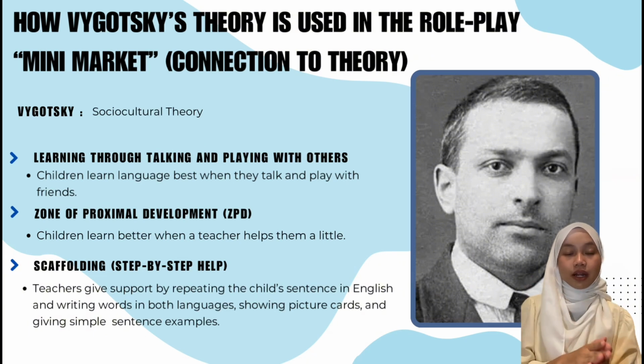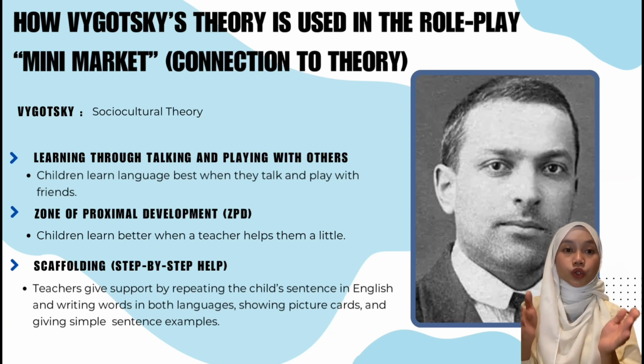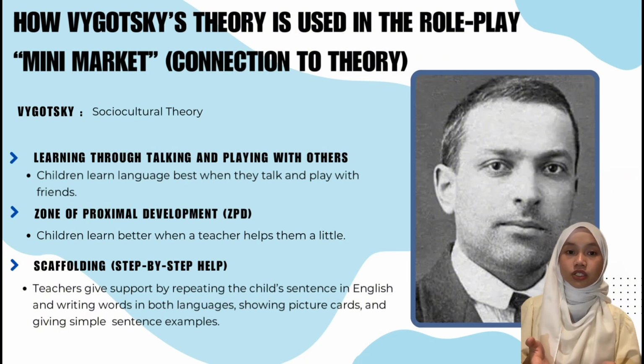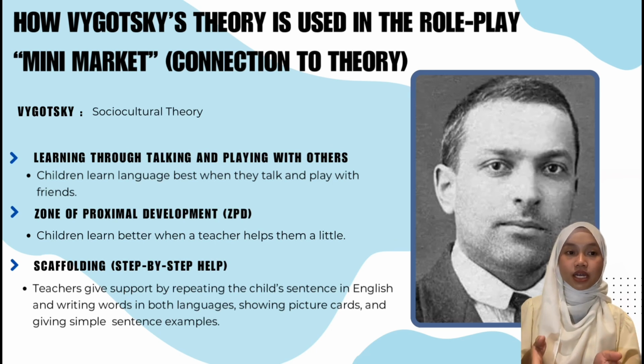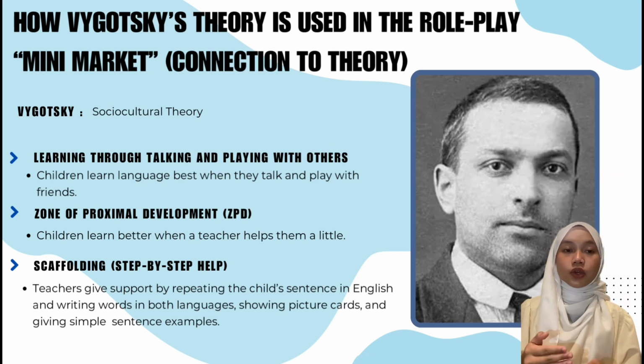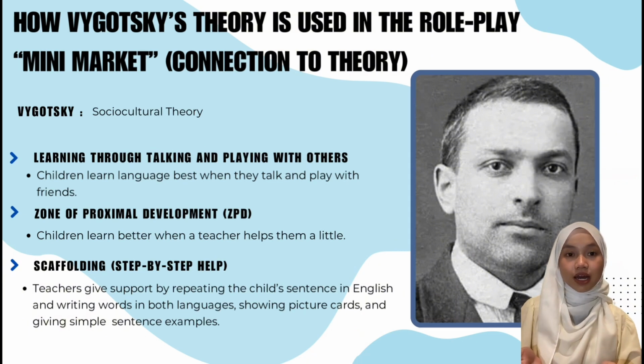In the mini market role play activity, one child becomes the seller and another becomes the buyer. And they use simple sentences like I want bananas, how much? And sometimes they also start in Malay. For example, saya nak pisang, and the teacher helps by saying, you can say, I want bananas.